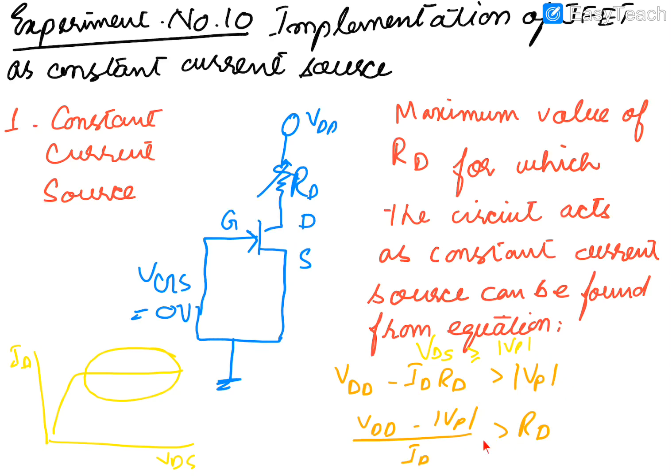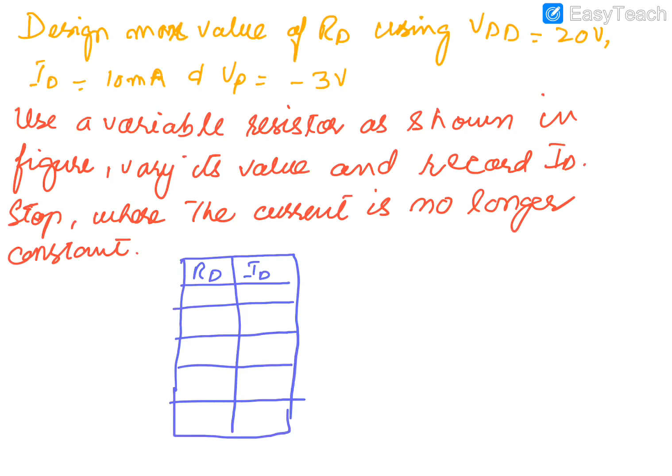RD's maximum value is found from this. You will design this RD for this constant current source circuit, and the values you will use are VDD kept at 20 volt, ID is 10 milliampere and VP is minus 3 volt.